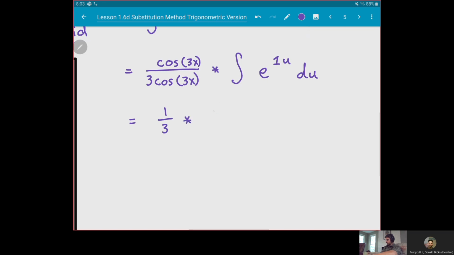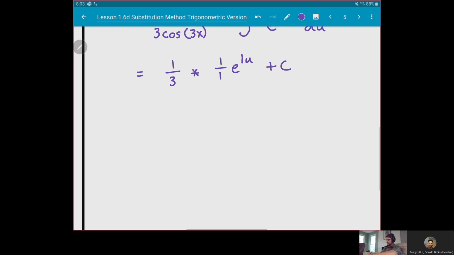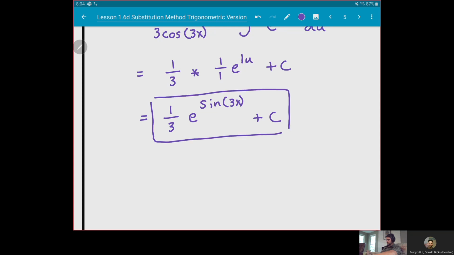The integral of e to the 1u is 1 over 1 e to the 1u plus c. Plug everything back in, and I get an answer of 1/3 e sine 3x plus c. And here is my final answer.